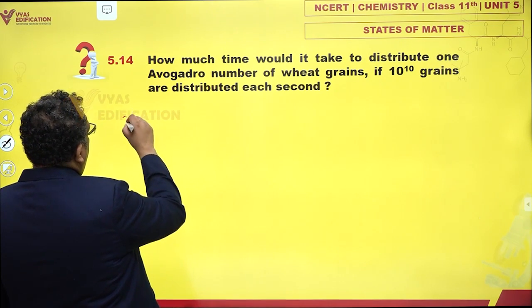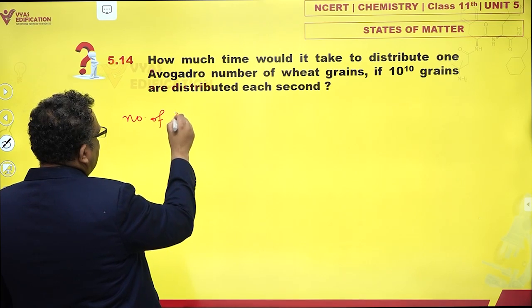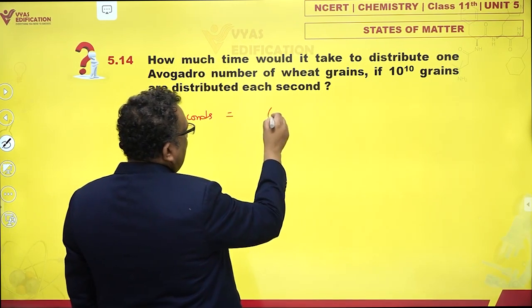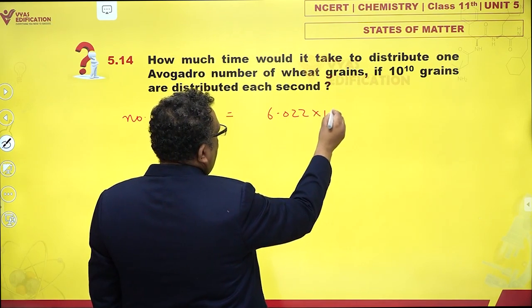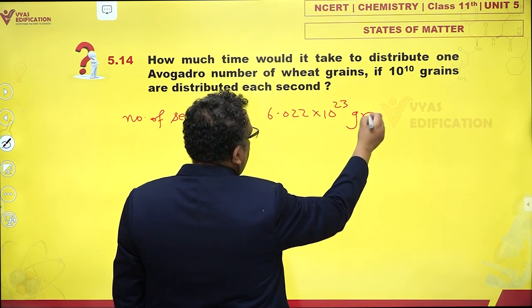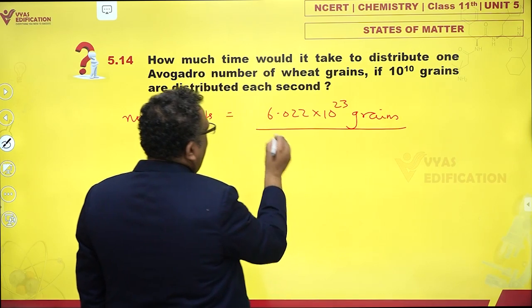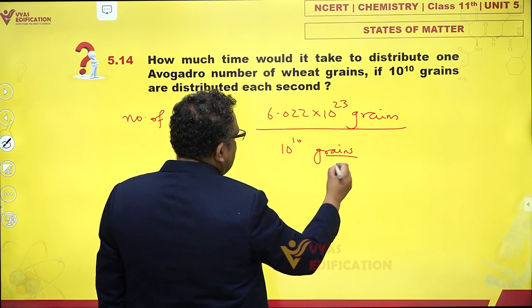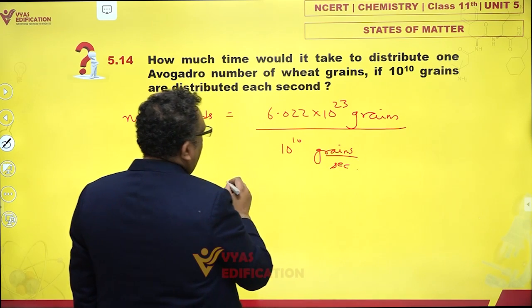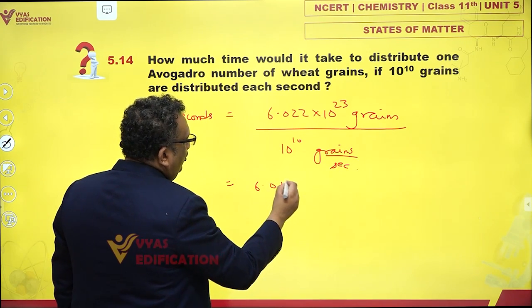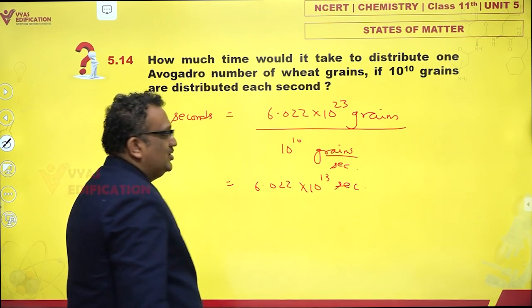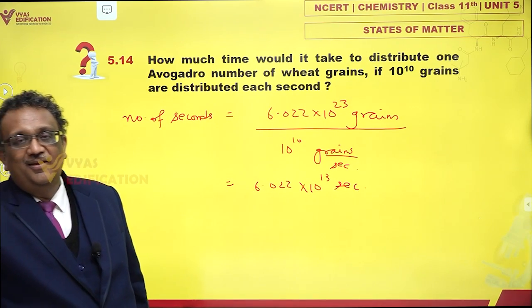So, number of seconds is 6.022 into 10 raised to 23 grains divided by 10 raised to 10 grains per second, which is 6.022 into 10 raised to 13 seconds. This is the time you would need.